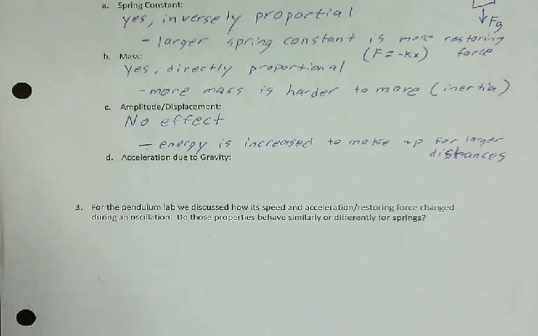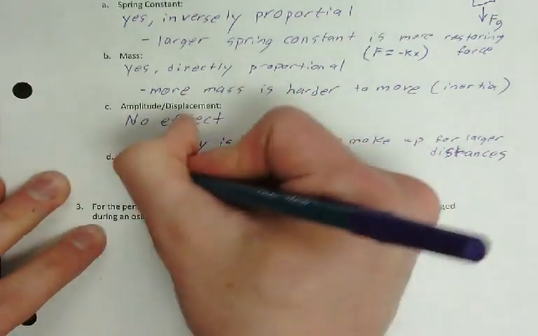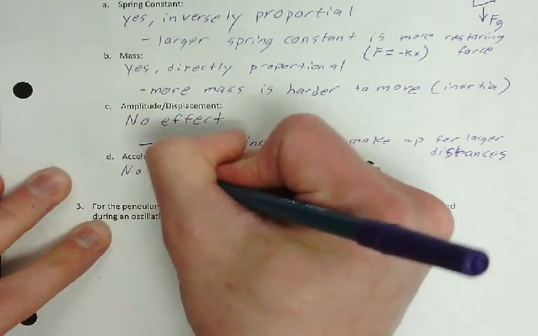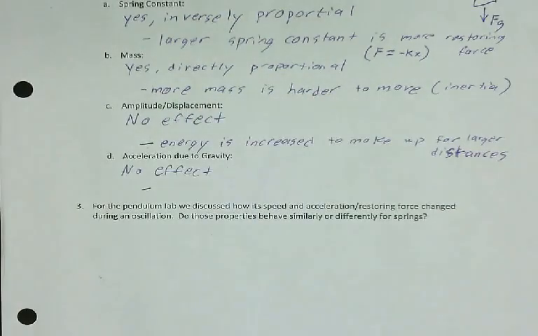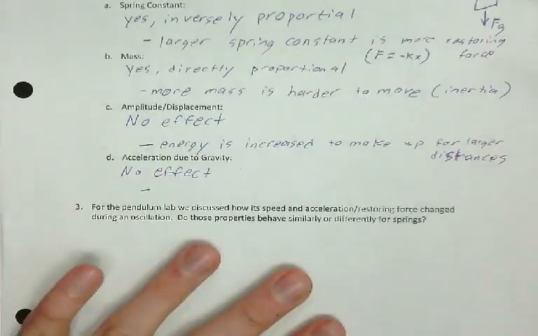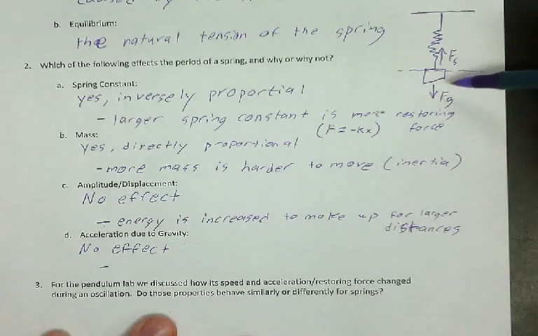All right, last one here. We did not test gravity. The reason we didn't test gravity is because it's hard to test gravity, and because, two, gravity has no effect. So gravity is not responsible for the motion of a spring. Now, gravity is a force, but what gravity does is it stretches out the spring initially, and then from there the spring behaves as it would on its own.